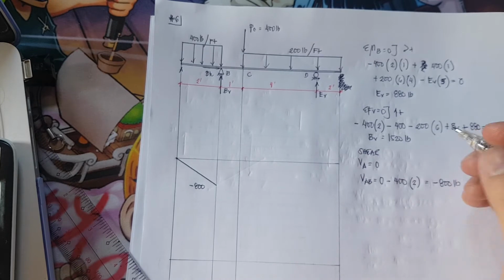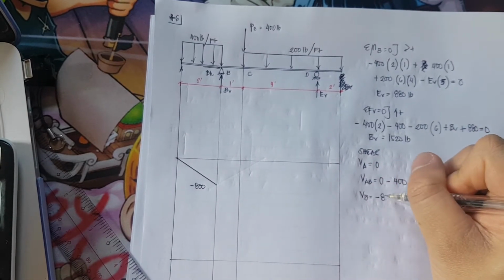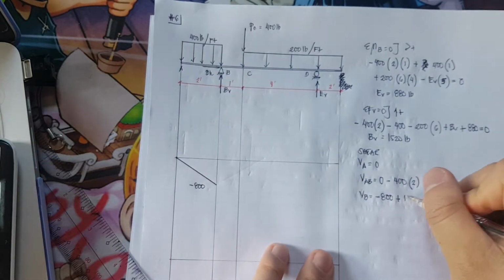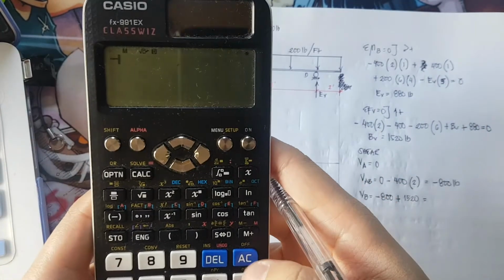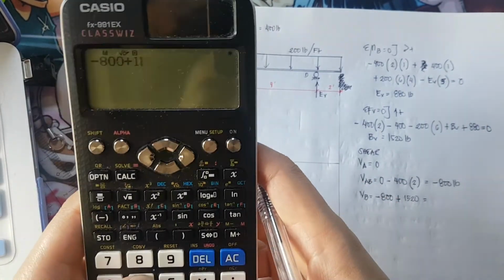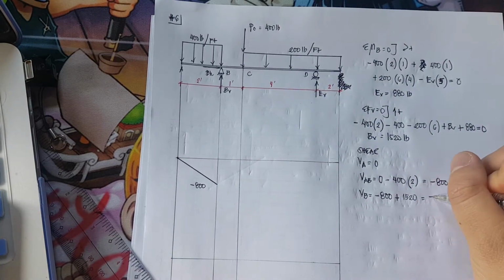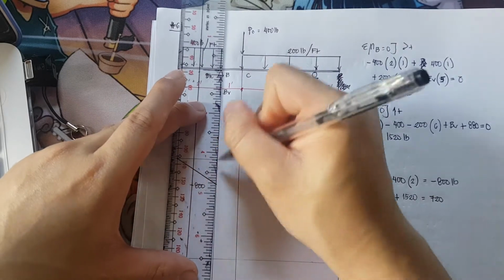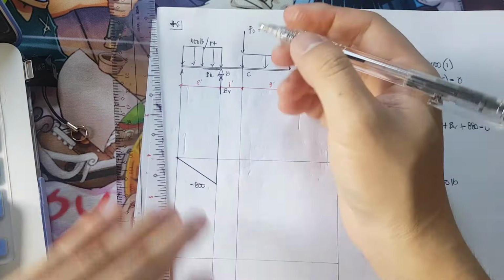Then the shear at B, shear B is equivalent to negative 800 plus our reaction, which is B vertical, 1520. So that is equivalent to 720. So from negative 800, we go up by positive 720.